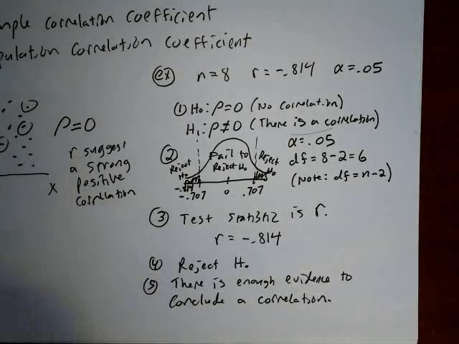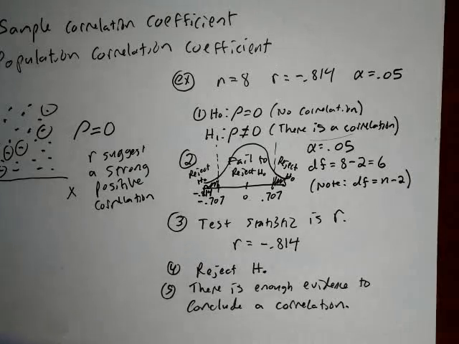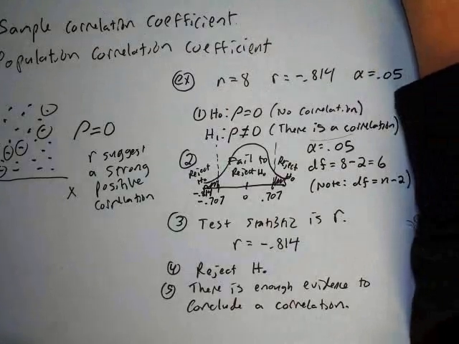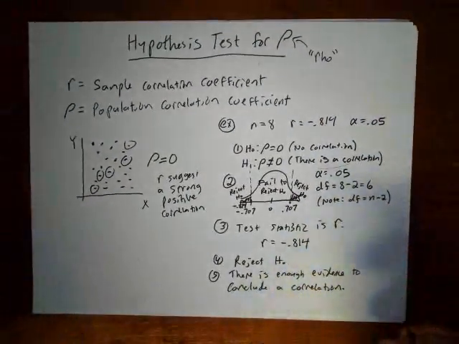There are many different hypothesis tests for different measures, so you can test for more than just the mean. I'm going to do one more here, and then I'm going to want you to try one.